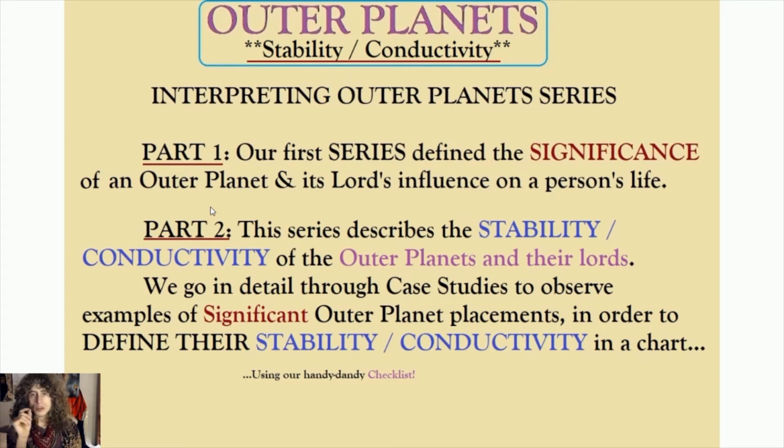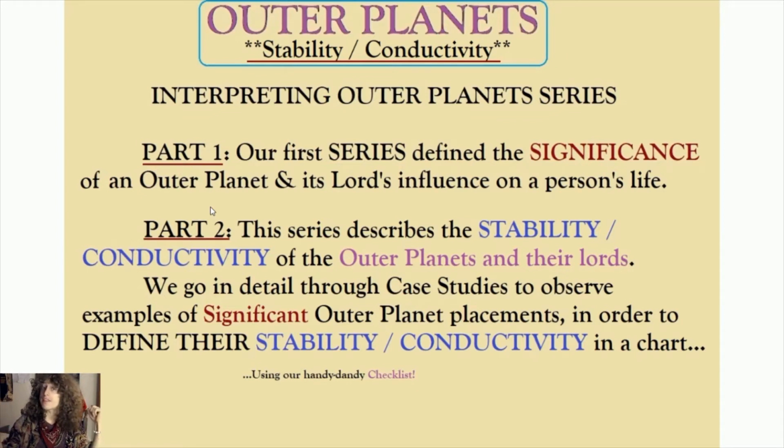In the first part of our series, we talked about the significance of an outer planet and its lord's influence on our lives. Now, in part 2, we are talking about the stability and positive conductivity of the outer planets and their lords. We go in detail through case studies to observe examples of significant outer planet placements in order to define how they come through.